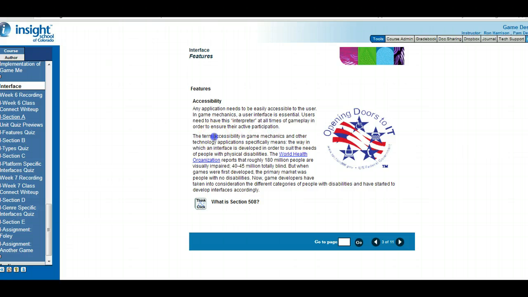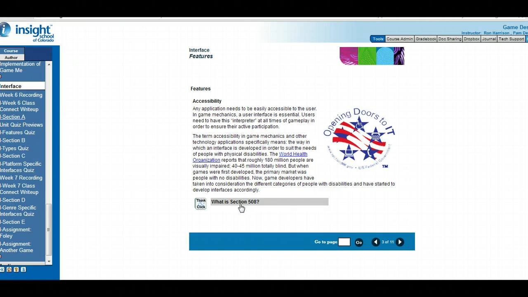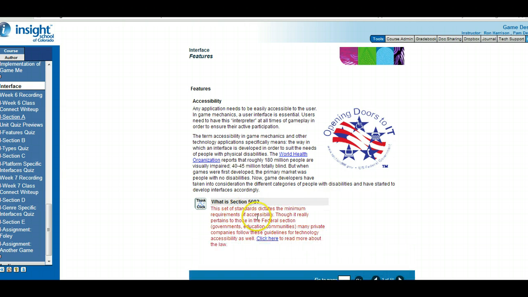So accessibility means the way in which the interface is developed in order to suit the needs of people with physical disabilities. And this is called Section 508, which is accessibility standards for disabled people by the federal government. Now, games are not required to meet the needs of disabled people, but look at this. 180 million people around the world have visual impairment. 40 to 50 million are totally blind.